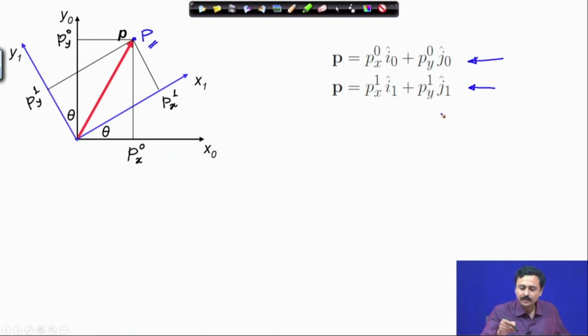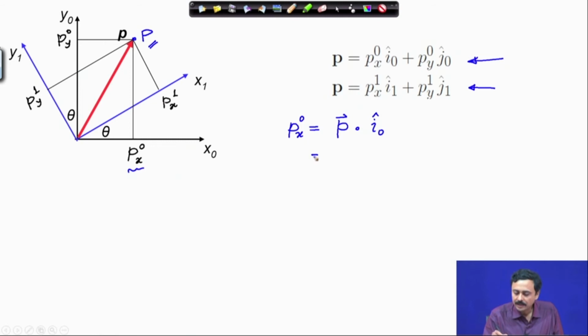Now, how do we go about doing this? I want to find Px0. So, how do I find Px0? Px0 is nothing but the vector P dot i0 cap.